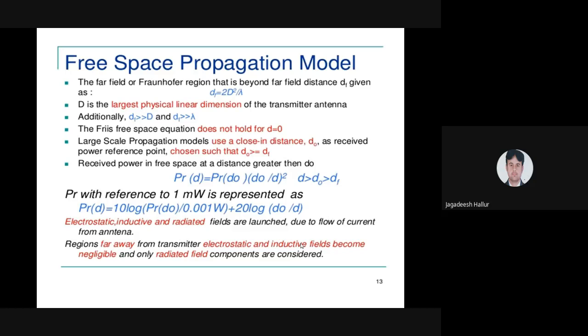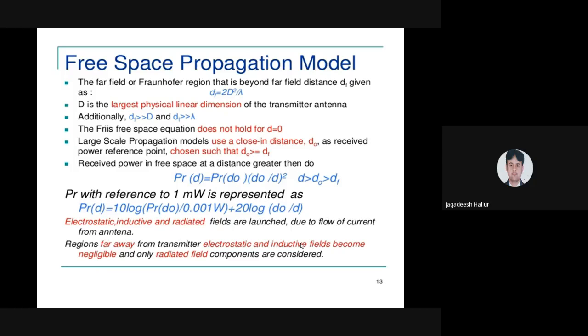It can be given by d_f equal to 2D square divided by lambda, capital D, not a small d. Write this equation. Many numericals come under this Fraunhofer region. The d_f is equal to 2D square divided by lambda.